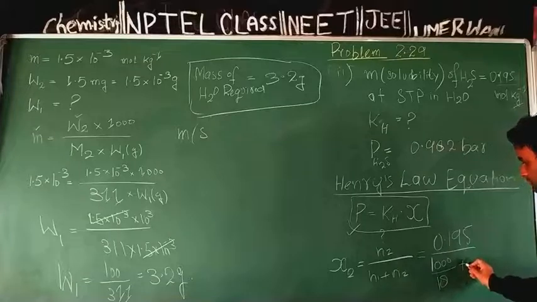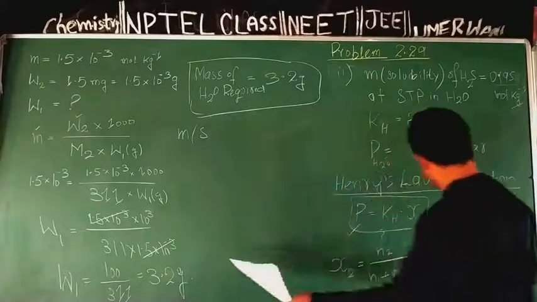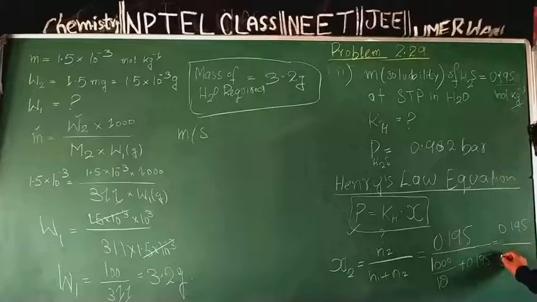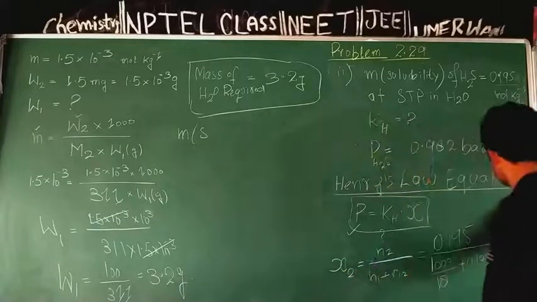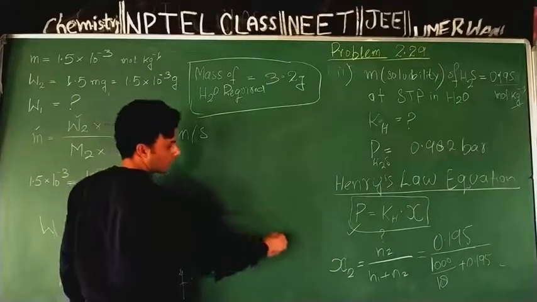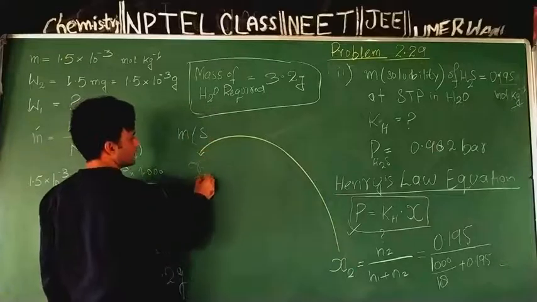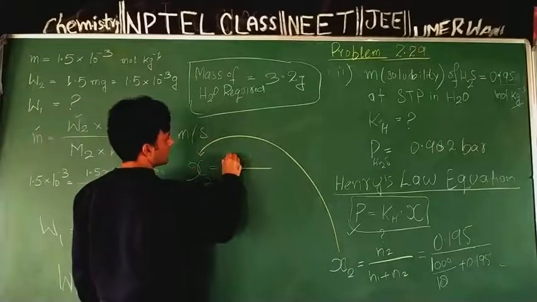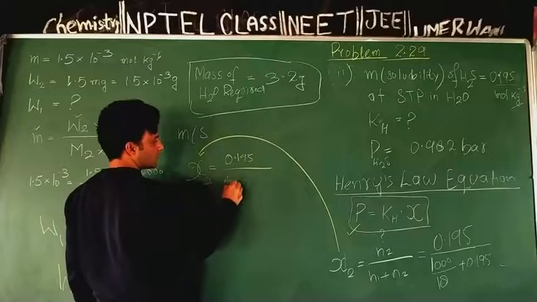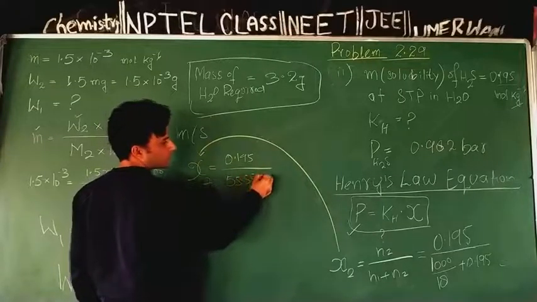So chi2 is equal to 0.195 divided by (1000 by 18, which comes 55.55, plus 0.195).